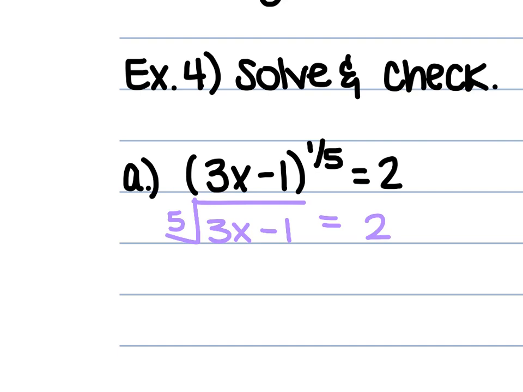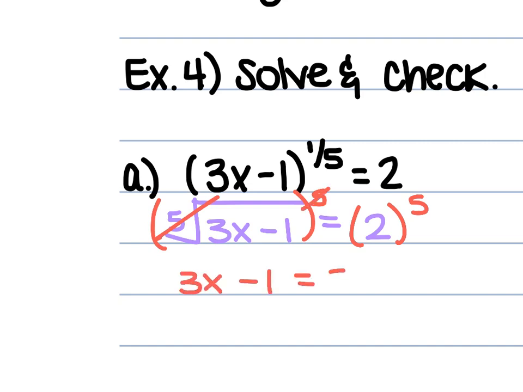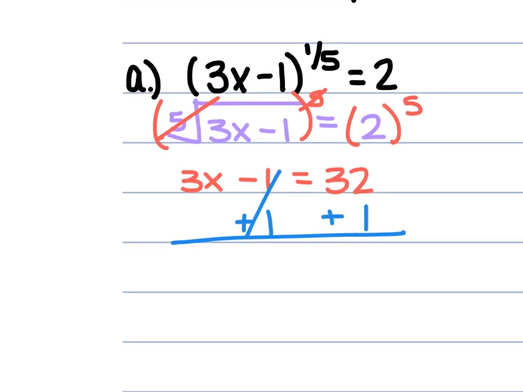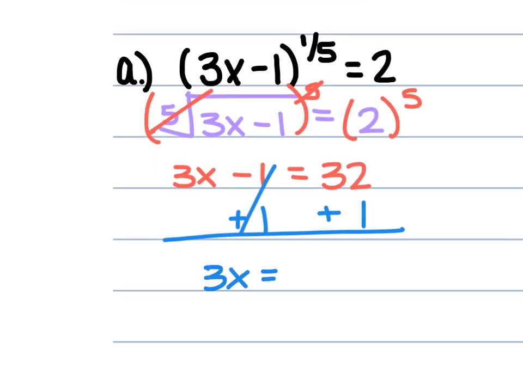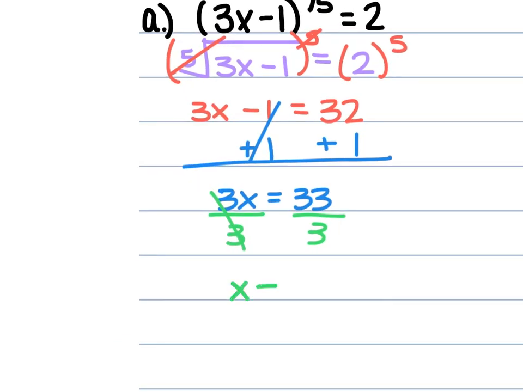And then from here, we're going to have to raise each side to the 5th power to get rid of that radical. So it's going to be 3x minus 1 is equal to 2 to the 5th power, which is 32. Now we just solve for x, add the 1 to both sides. We have 3x is equal to 33. Then we divide by 3. We get x is equal to 11.